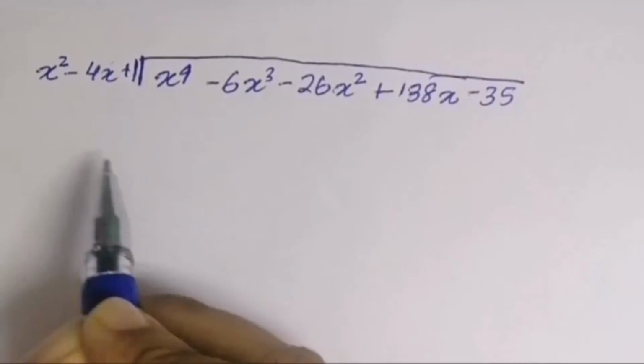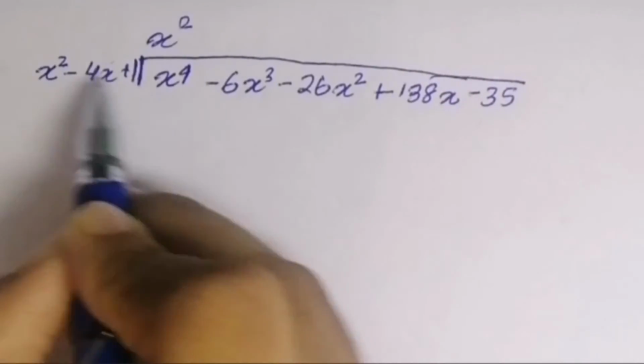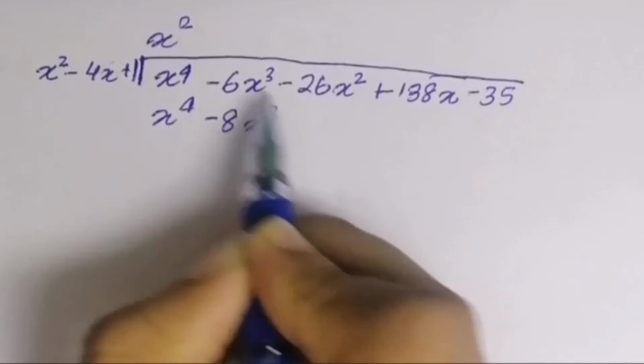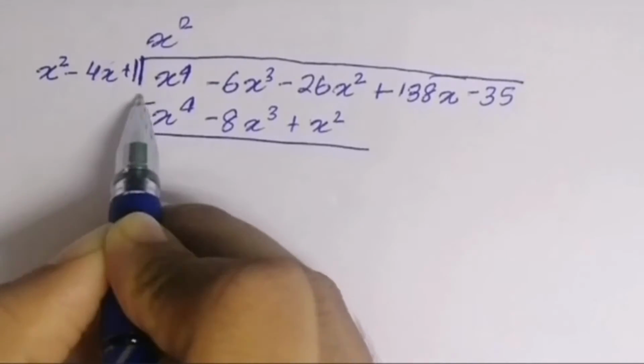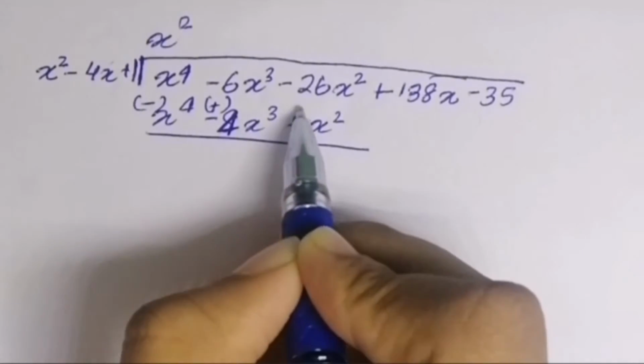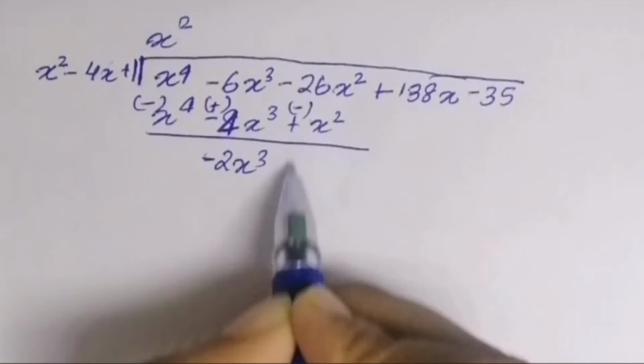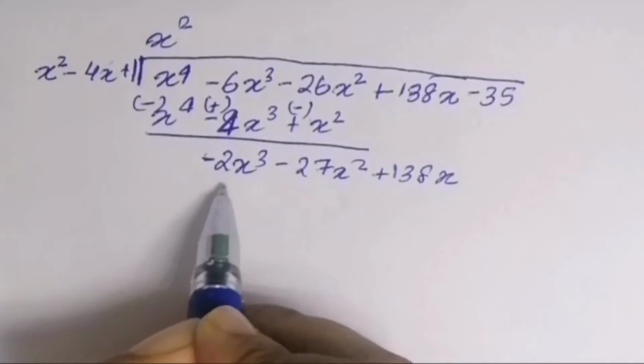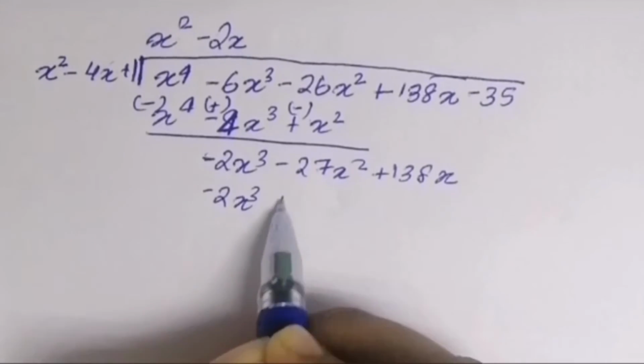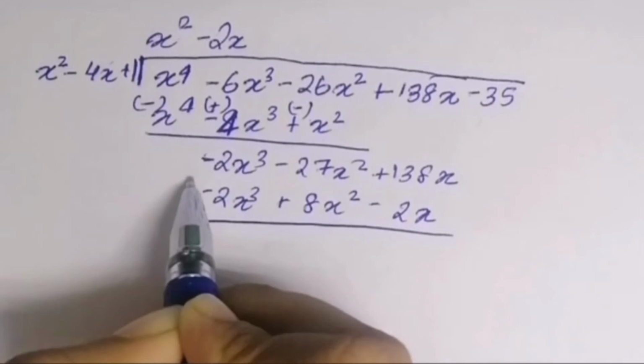Now we are going to divide, that is, x to the power 4 by x square of the g of x will give us x square in the quotient. We have multiplied x square with all the terms in the g of x. We do the across, that is, subtraction in place of addition and addition in place of subtraction.